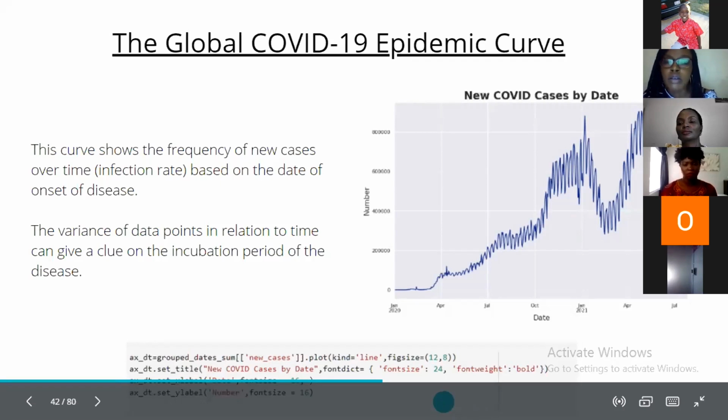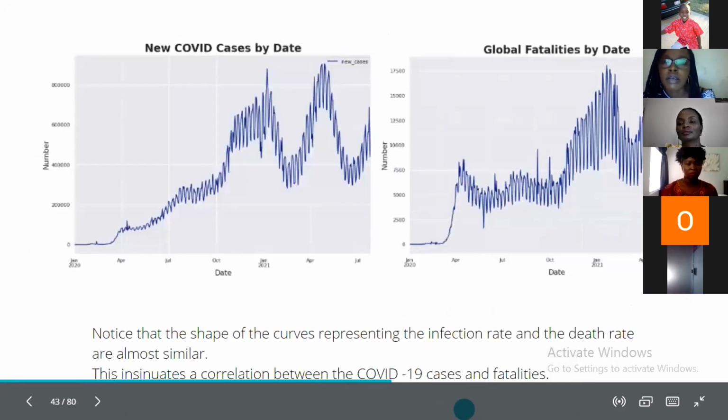We also try to look at the fatalities from COVID, and we see that there's a similar pattern between the fatalities and the cases. As a data scientist, you always have to ask the right questions in order to understand your data and get good inference from it.